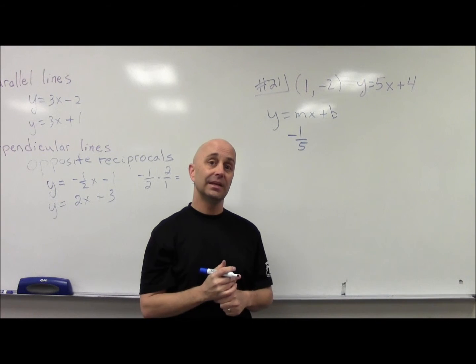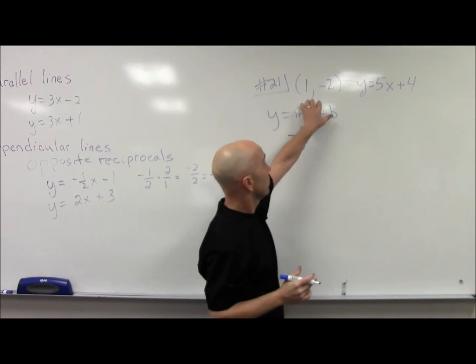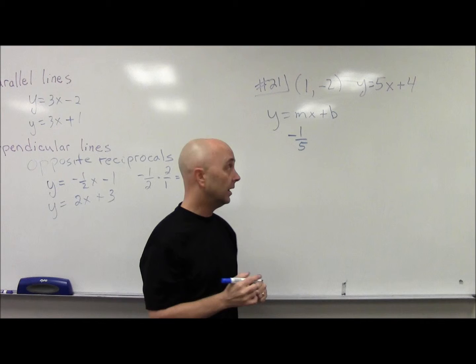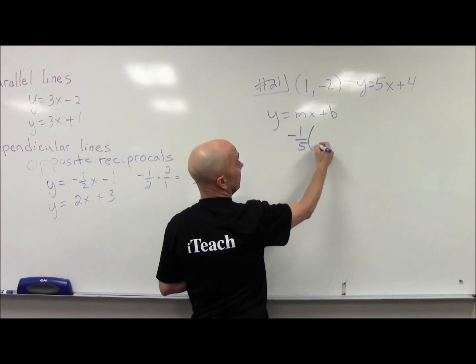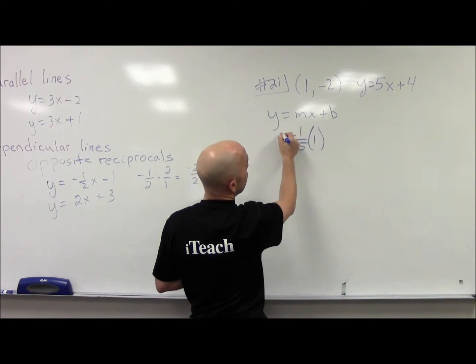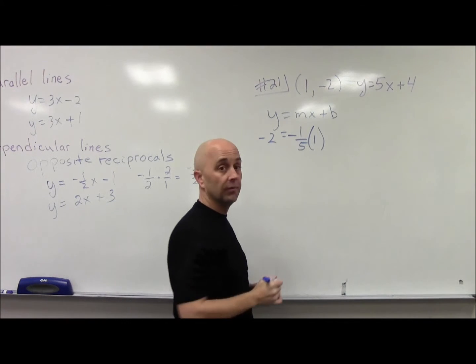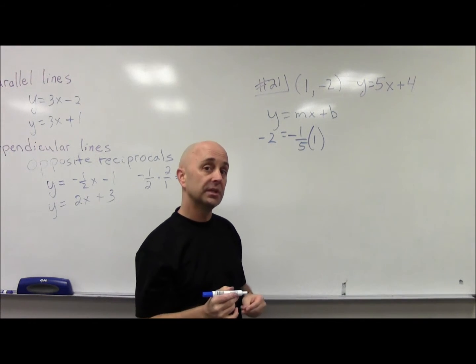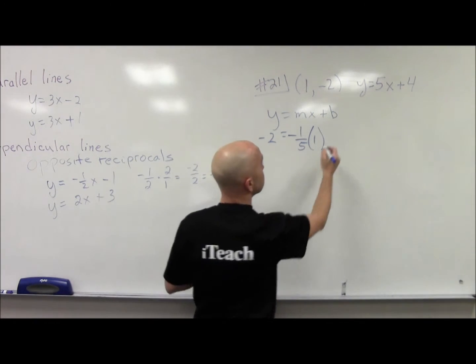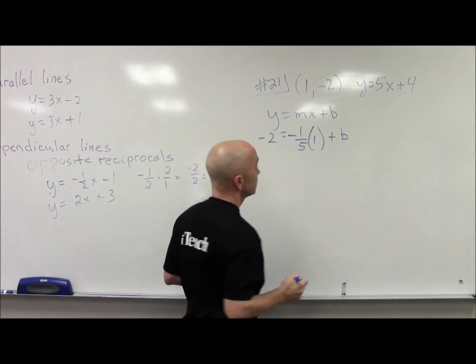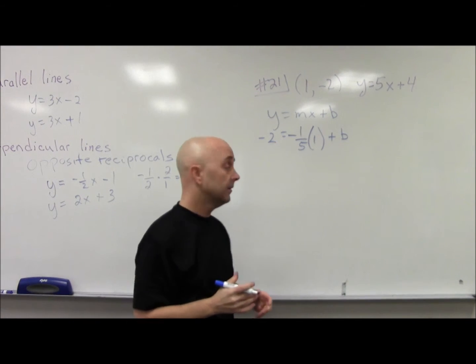Now what I need is an x and a y, and I happen to have an xy point right here that's on my new line. So the x value is 1, and the y value is negative 2. And the only thing left in my equation is b, or the y-intercept. So once again, I can solve for b.